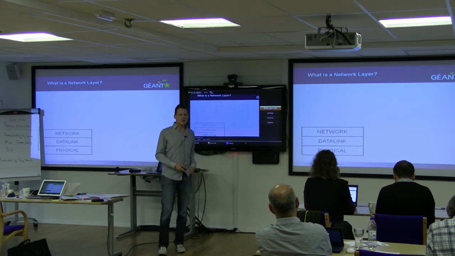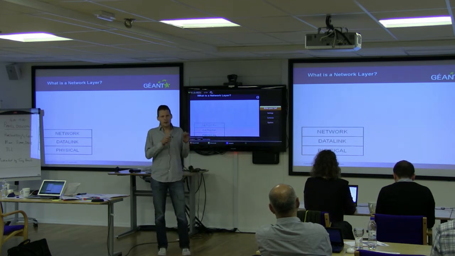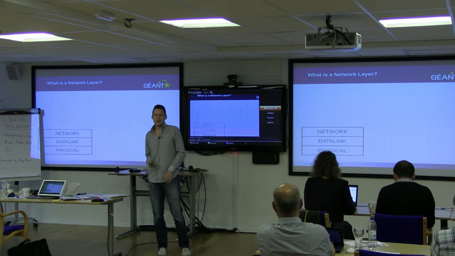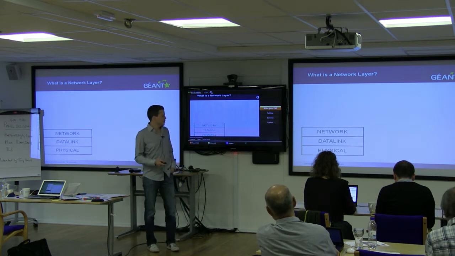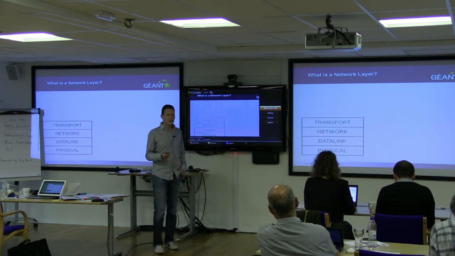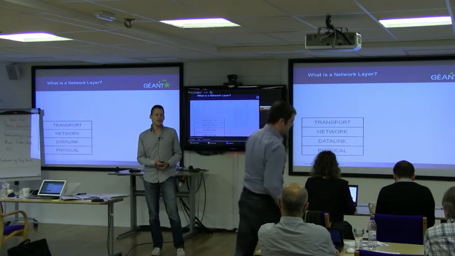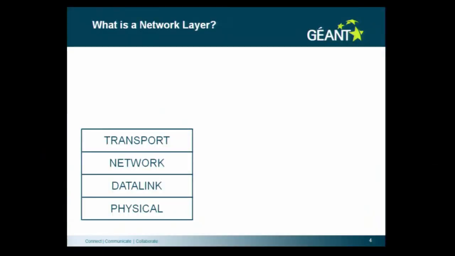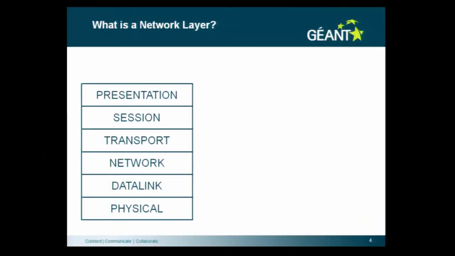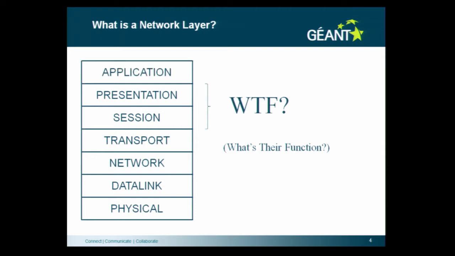Above you have a network layer. At that point, you really have networking. You have multiple hops that you can traverse with your signal. Above that layer, the OSI model says you have a transport layer. The function is really to do end-to-end transport management. Then we have something called a session layer, a presentation layer. And I see you all thinking, what's their function? Nobody knows, nobody cares. And on top, we have an application layer.